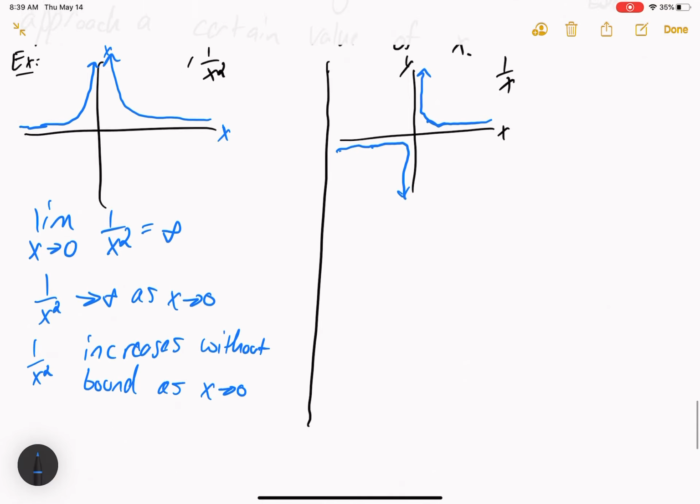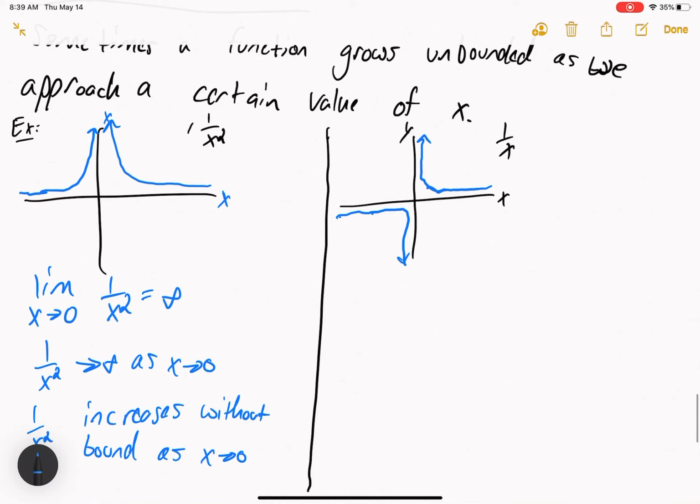So in this case, we see the limits are not the same. We say the limit as x goes to 0 from the left of 1 over x is equal to negative infinity, and the limit as x goes to 0 from the right of 1 over x is equal to positive infinity.